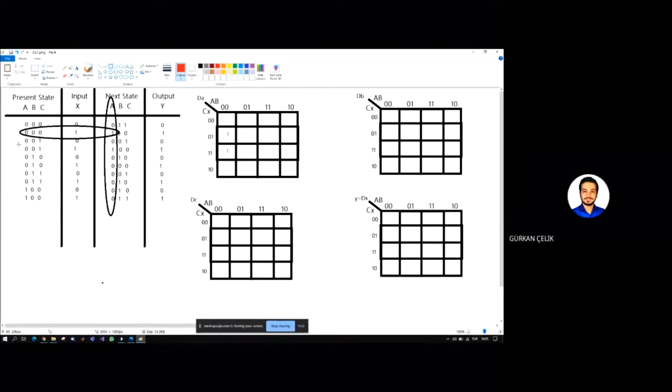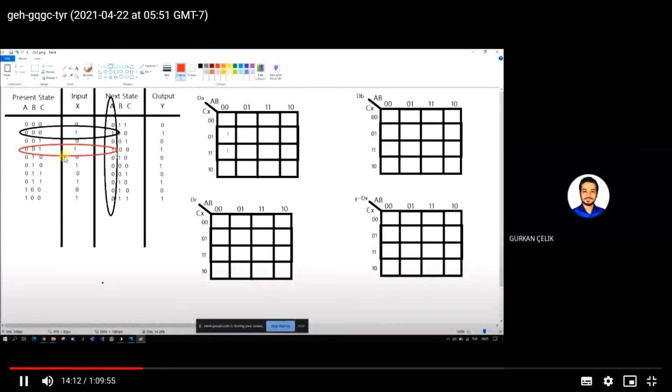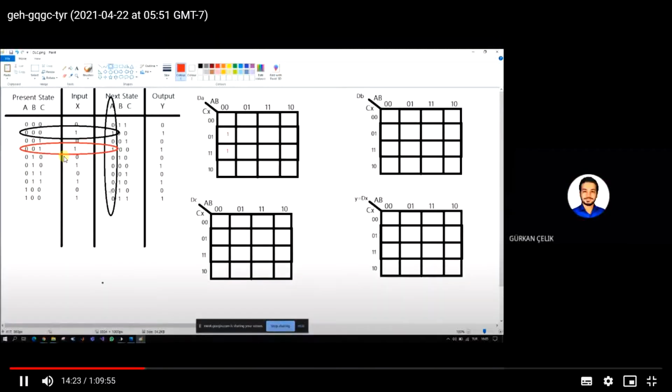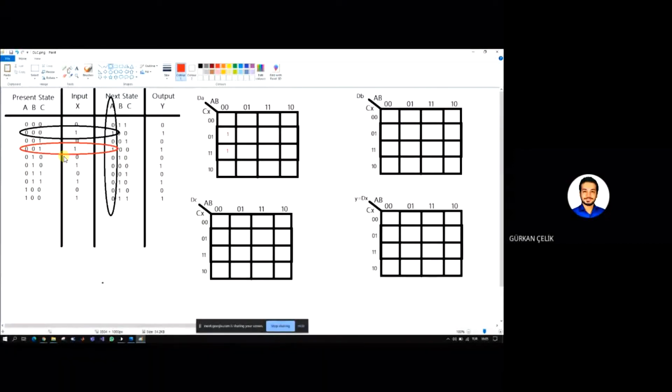So did you finish this Karnaugh map? I guess so, I don't think there are any other ones to write down. But there is something missing, which is that we need to fill all this part. There is no 1, 1, 1 or 0, 1, 0, or 0, 1, 1, 0 or something, right? So there are some missing parts.